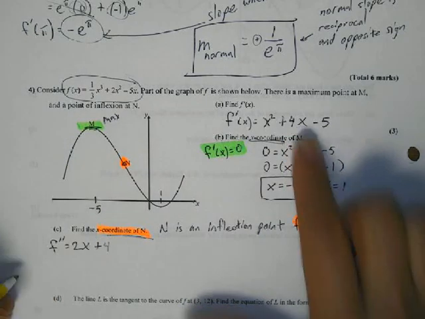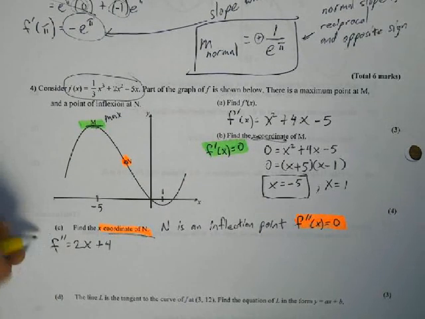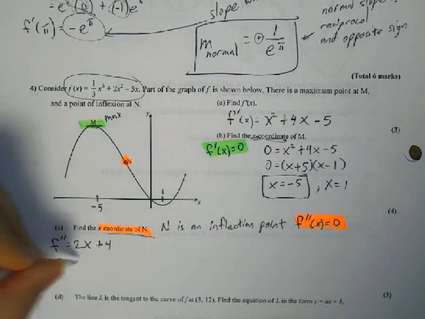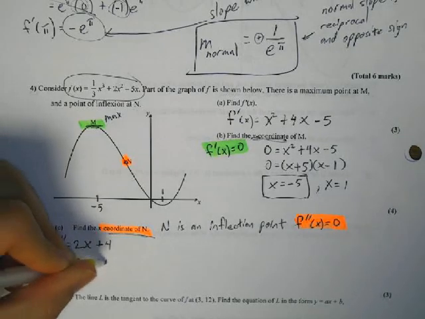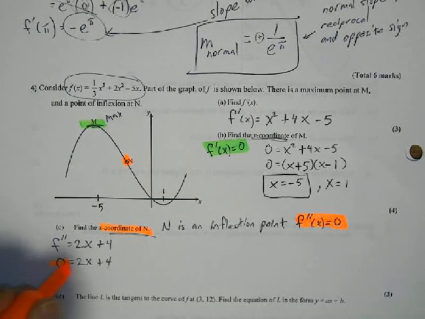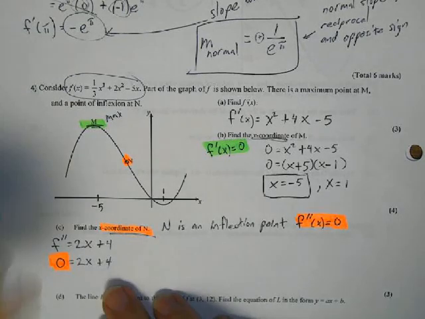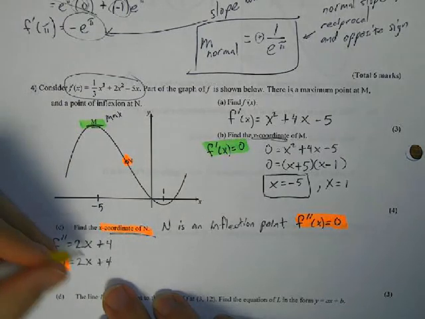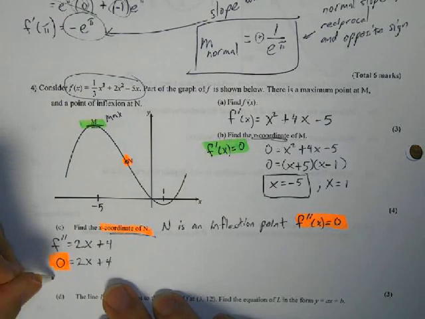So we want to make that second derivative equal to 0. So then I can subtract 4 on both sides.